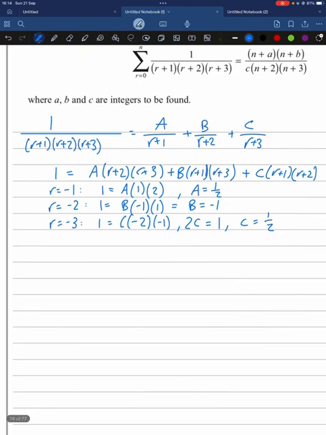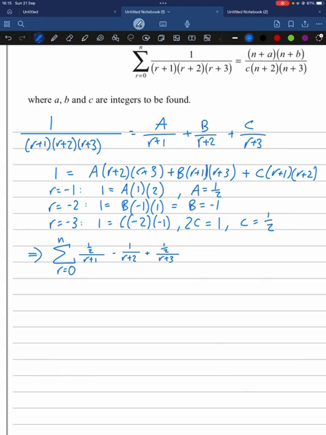So this implies that our sum from r equals 0 this time, right? So it's 0, not r equals 1, it's from r equals 0 to n of 1 over (r plus 1)(r plus 2)(r plus 3) is a half over r plus 1 minus 1 over r plus 2 plus a half over r plus 3.